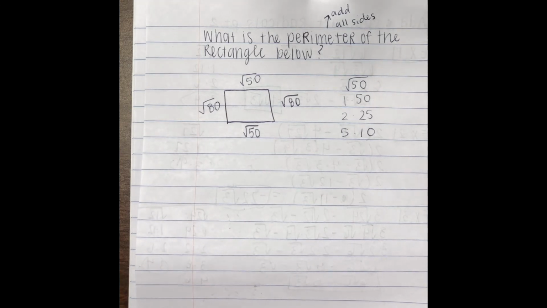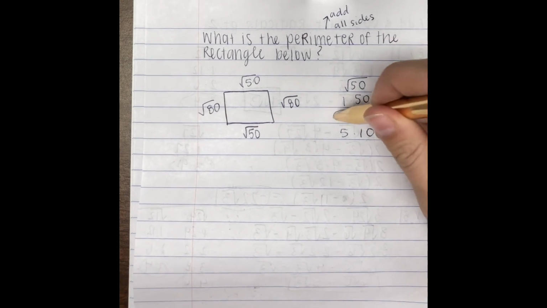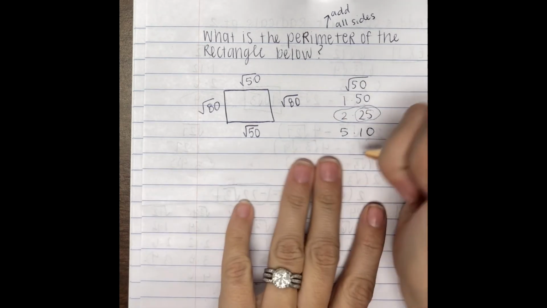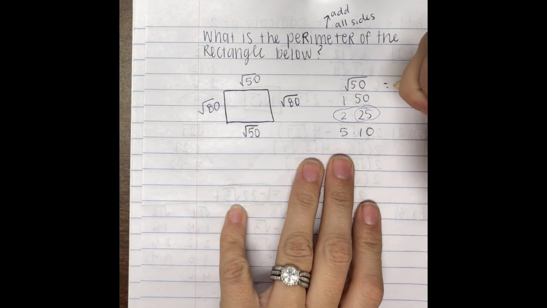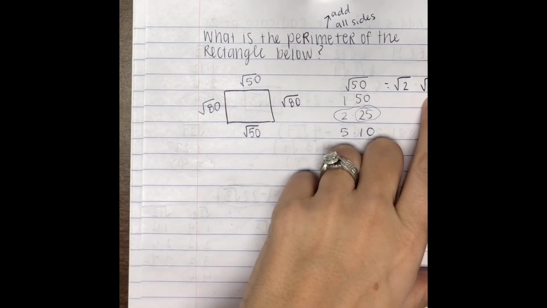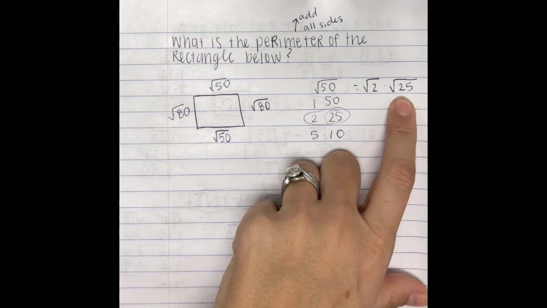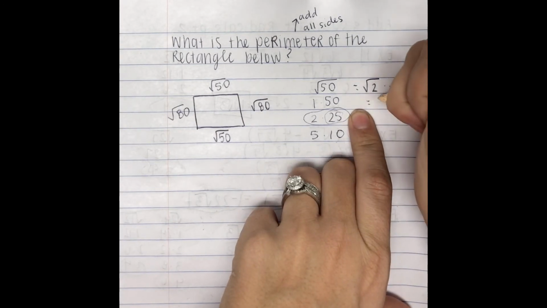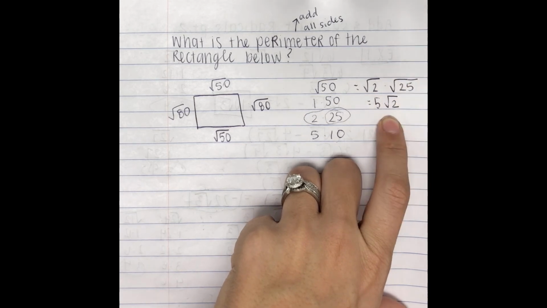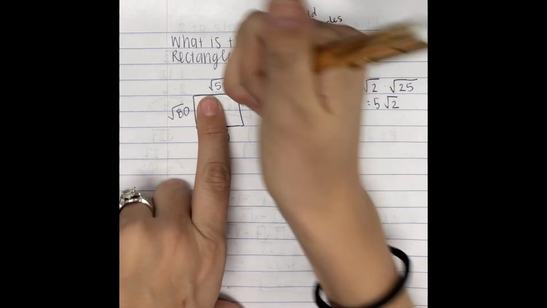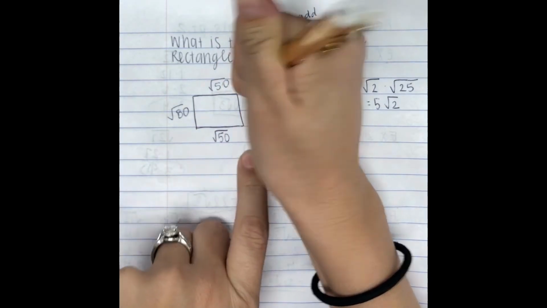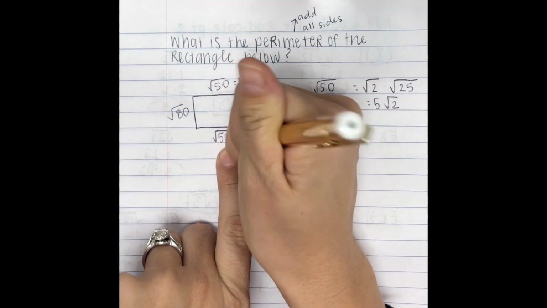Our greatest perfect square would be 25, so we're going to rewrite square root of 50 as square root of 2 times square root of 25. And we know the square root of 25 is 5. So that means it equals 5 times the square root of 2. So that's what I'm going to rewrite this side to be.